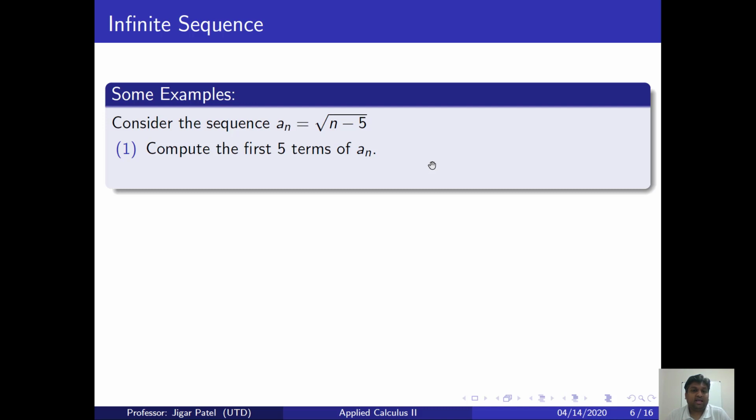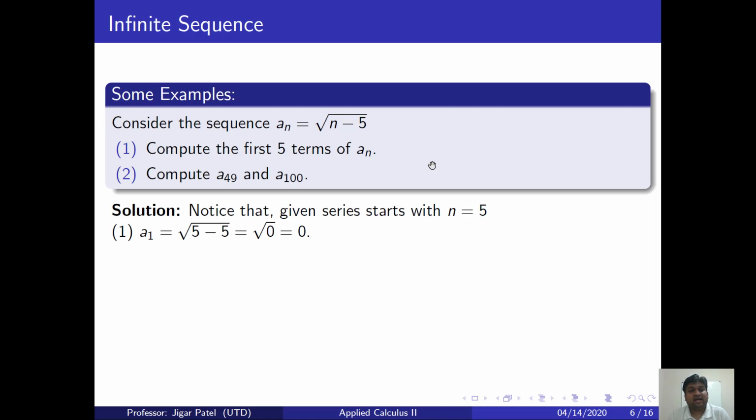For an equal to square root of n minus 5, I want you to compute the top 5 terms of an, and then I want you to compute the 49th and 100th term of this sequence. Convince yourself that this sequence starts with n equal to 5. So the first term will be 5 minus 5, which is 0.